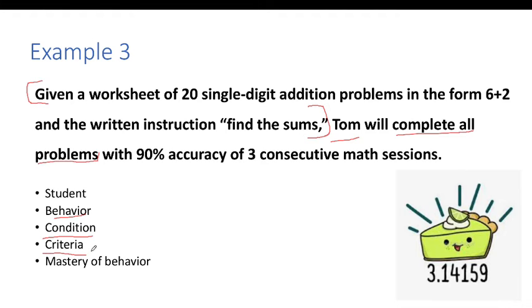And then criteria, the number goes here: 90% accuracy. And mastery of behavior is here: 3 consecutive math sessions. So in one sentence, you see all 5 elements are there.